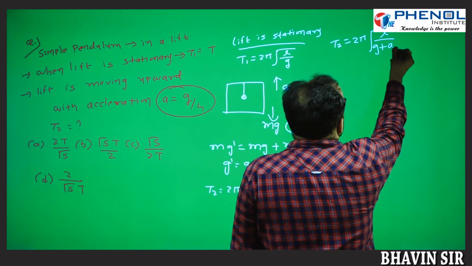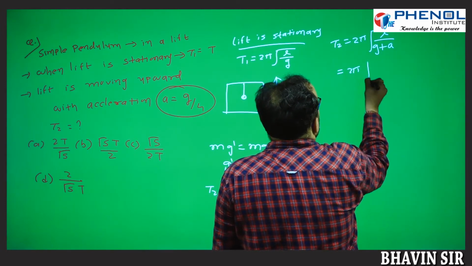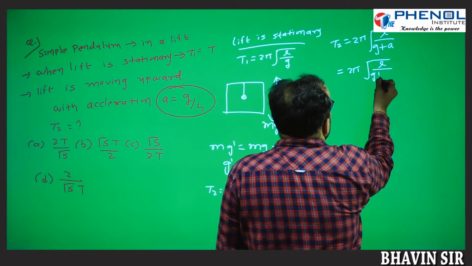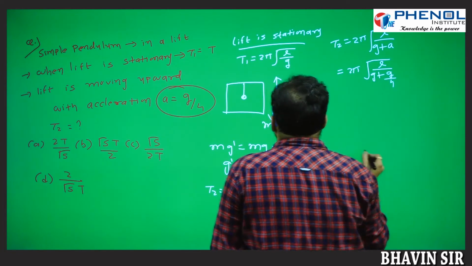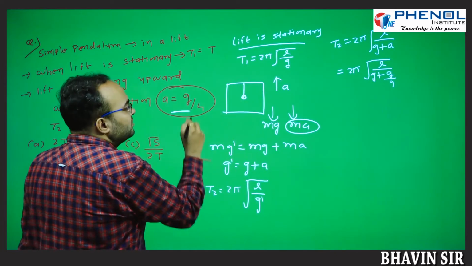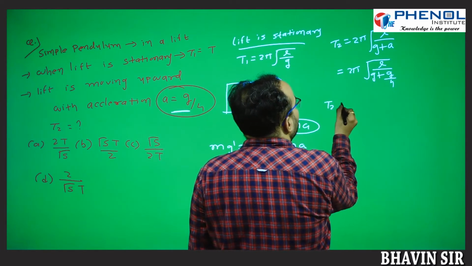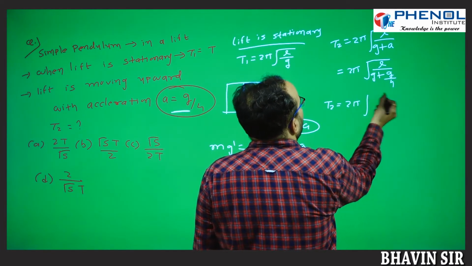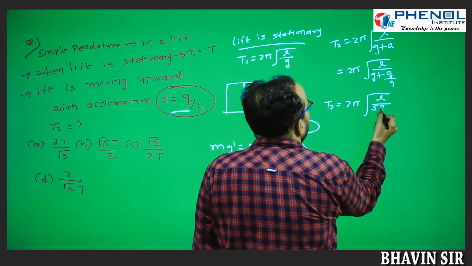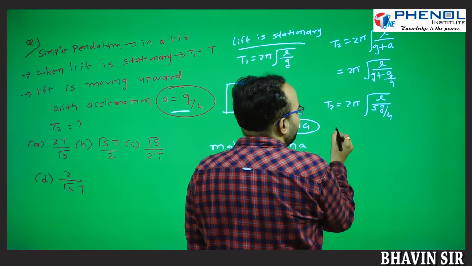Now the acceleration of the lift is g by 4. So g plus g by 4 means 5g by 4.